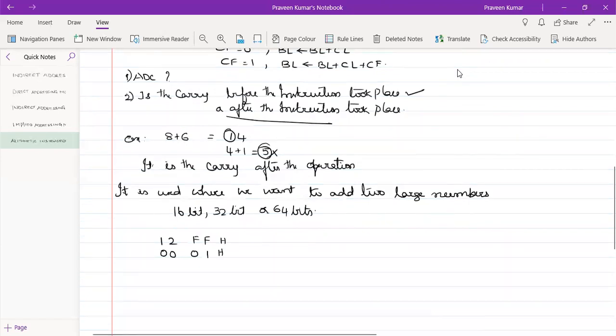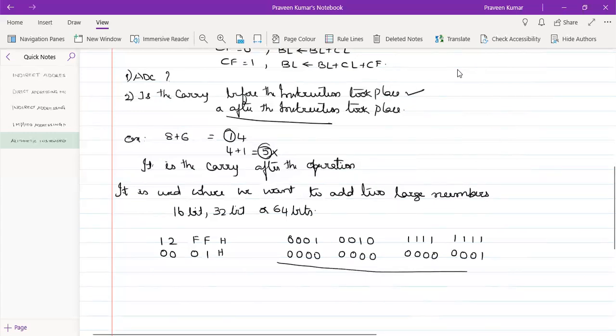So it is something like 0001 0010 1111 1111, and 0000 0000 0000 0001.